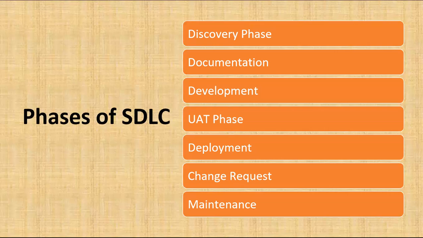So what do we do in the discovery phase? Usually we take the complete requirements, we understand the processes from the SME, and we ask a number of questions to the SME to understand the process in a better way.